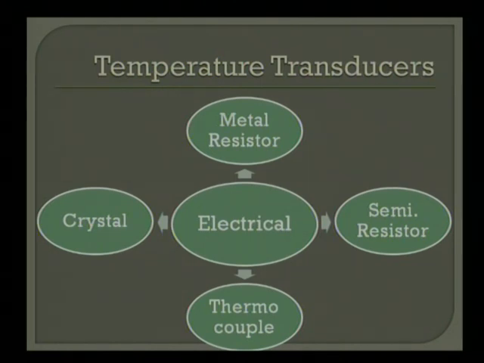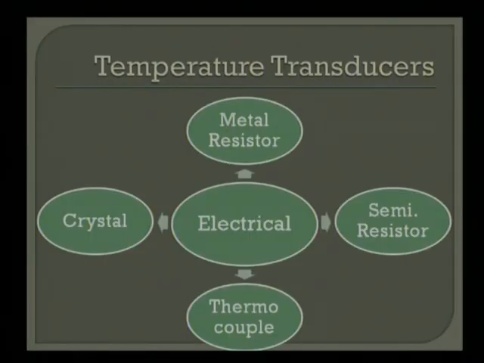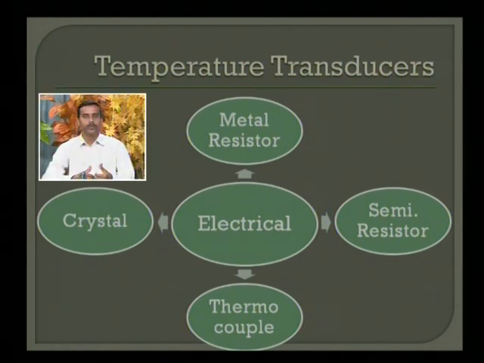The second category is semiconductor resistors. Semiconductor resistors are made from semiconductor material, and we know that in case of semiconductor materials, the resistance is not due to the collision of electrons with the lattice particles, but whatever the resistance is, that is due to the availability of carriers. The amount of carriers available will decide the conductivity of the material.